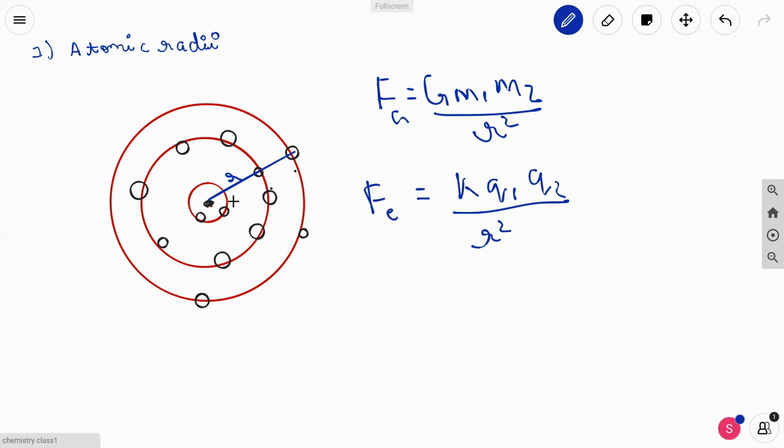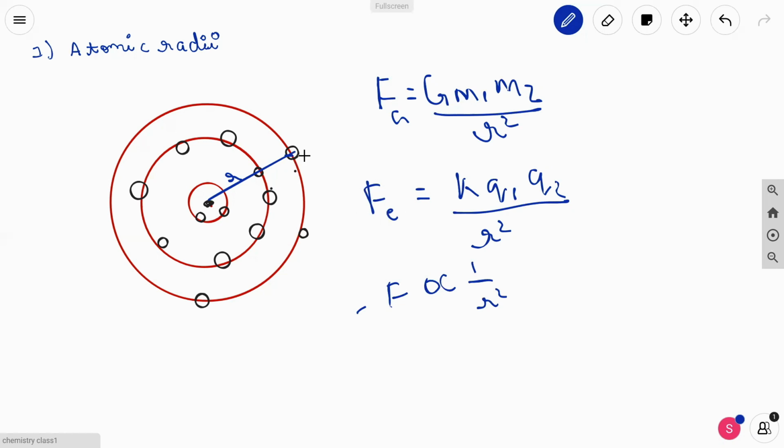As the distance between the electron and the nucleus increases, the force decreases by the square of it; force is proportional to 1 by r square. And as the charge increases, the force increases.